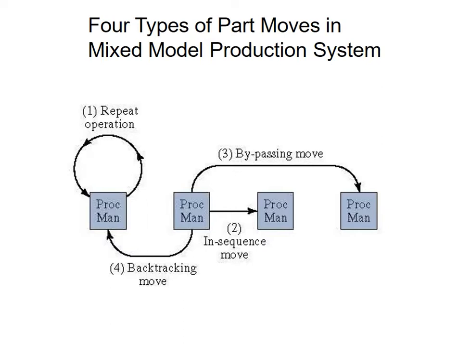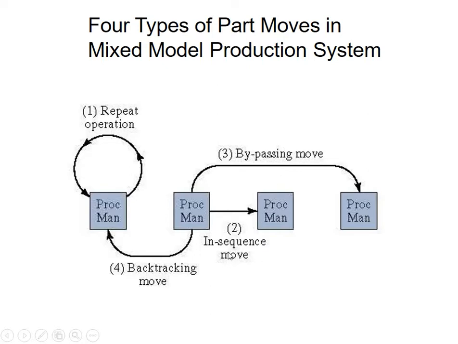In this the parts will be mixed, so the repeat operation can be done on the first machine itself, and from that first machine, if we go to the second machine, there can be a backtracking move. After a particular machining operation it can come back to the first one. So it does not have any fixed mode of operation. It is mixed, and it can vary from one part to another in any different manner.